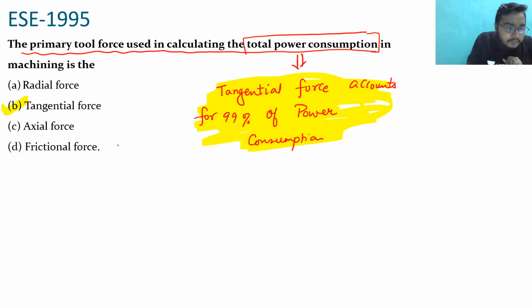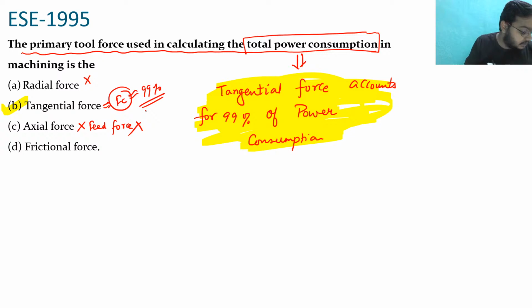Axial force cannot be the answer because this is feed force, so it cannot account for so much power. Radial force is very small, we have seen. And in tangential force there is the cutting force, and this cutting force accounts for 99% of power consumption. So I hope, Asis, this problem is clear to you.